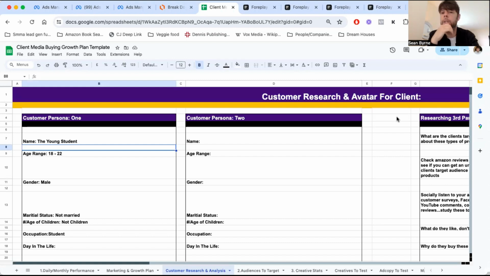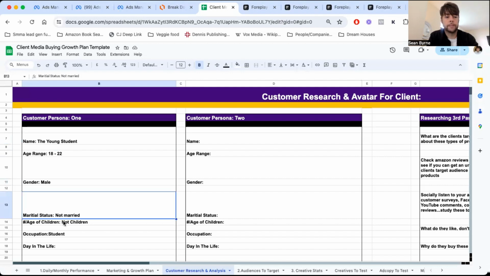You need to learn who they are, what they do, what their pain points are, what their desires are, what their status is, all that kind of stuff. So let me go through the name of this group of people. We could call them, say, young student, aged this, typically male, not married, no children, occupation, day in the life.